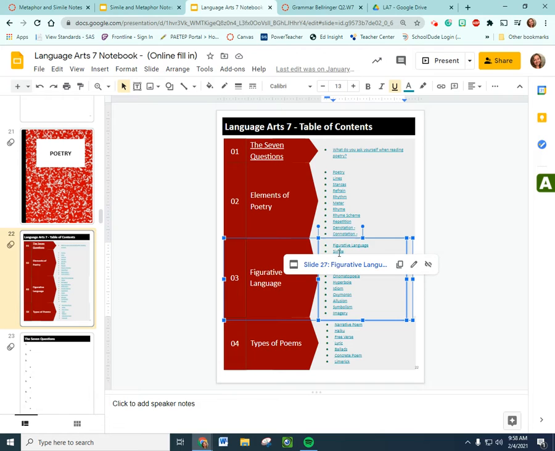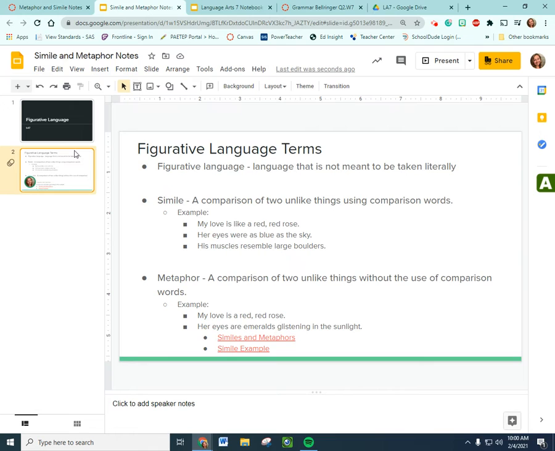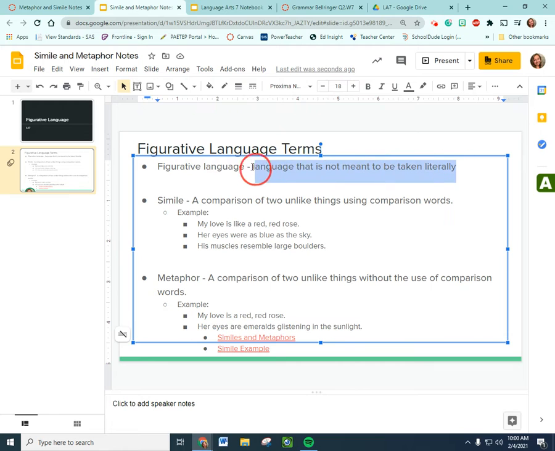We're talking about similes. I'm going to click on that, and it will take me to the right place. Okay. So we are going to start with the term figurative language. Figurative language is language that is not meant to be taken literally.